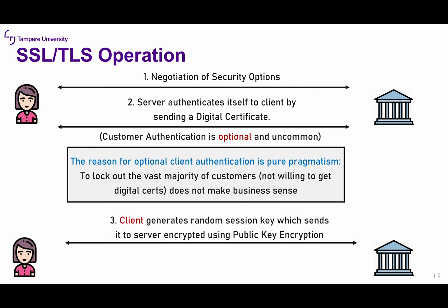So Alice generates a session key. She uses Trent's public key to encrypt that session key and sends it to Bob, to Trent, sorry. So Alice obtained Trent's public key from Trent's certificate that she received in phase number 2.